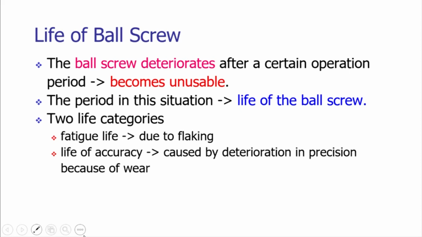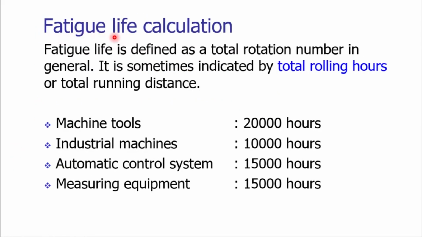The fatigue life is basically defined as the total rotation number in general. The total number of rotations that the screw provides to us. It is sometimes indicated by the rolling hours as well. So in general, some numbers are on your screen.